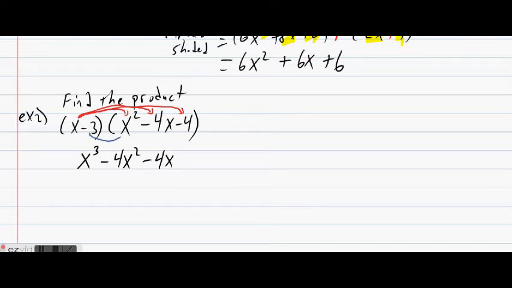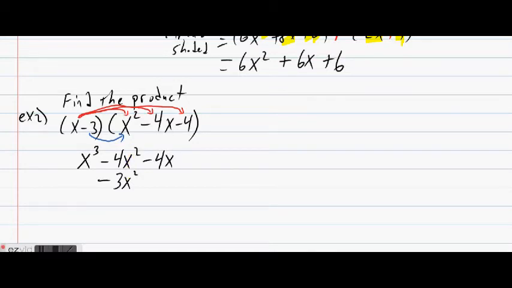Now, I'm going to take negative 3 and distribute it to all three of those terms. But the thing I'm going to do here that's a little different is I'm going to write them down underneath each other, keeping all the like terms together. So negative 3 times x squared, negative 3x squared. So if you notice, I'm trying to keep the x squares together.